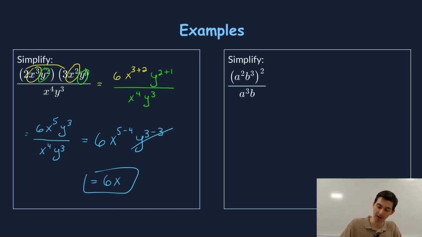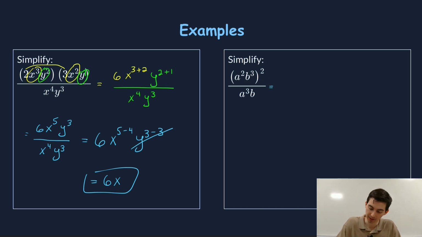Let's do this second one now. Again, I'm going to simplify the top and then simplify the bottom, and then I can start combining and mixing the two together. So this time I realize that I have this 2, this squared here, is being applied to both of these. Remember when we had an exponent raised to another exponent, we're going to multiply those two exponents together.